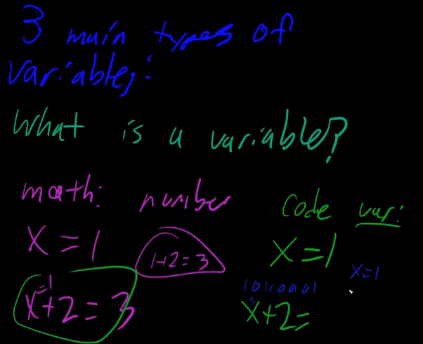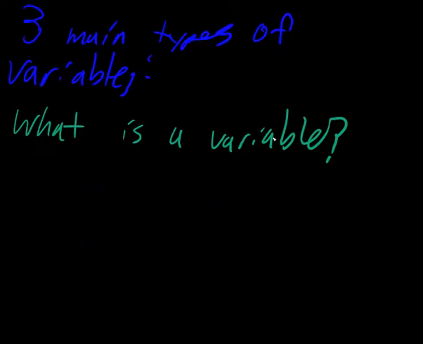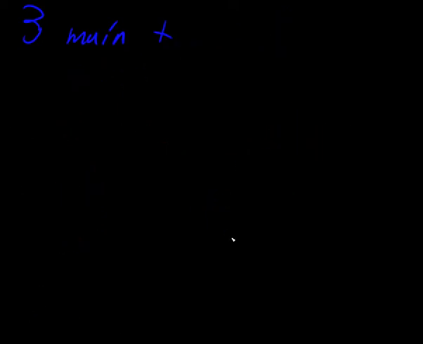So then x plus 2 is equal to 1 plus 2, which is equal to 3. The same thing that you would do, but the computer just does that for you, and it makes your time a little bit easier. And you can see that there's not too much differences from the two variables.